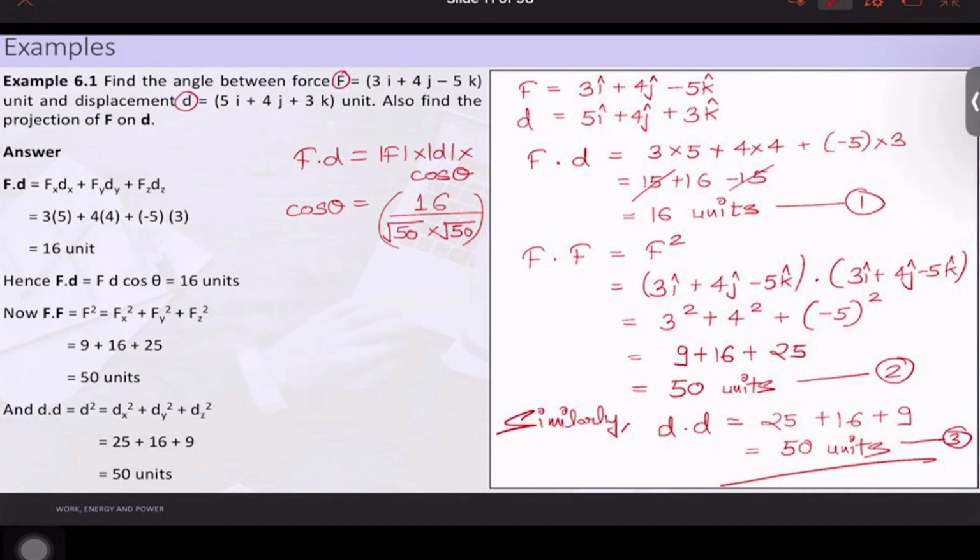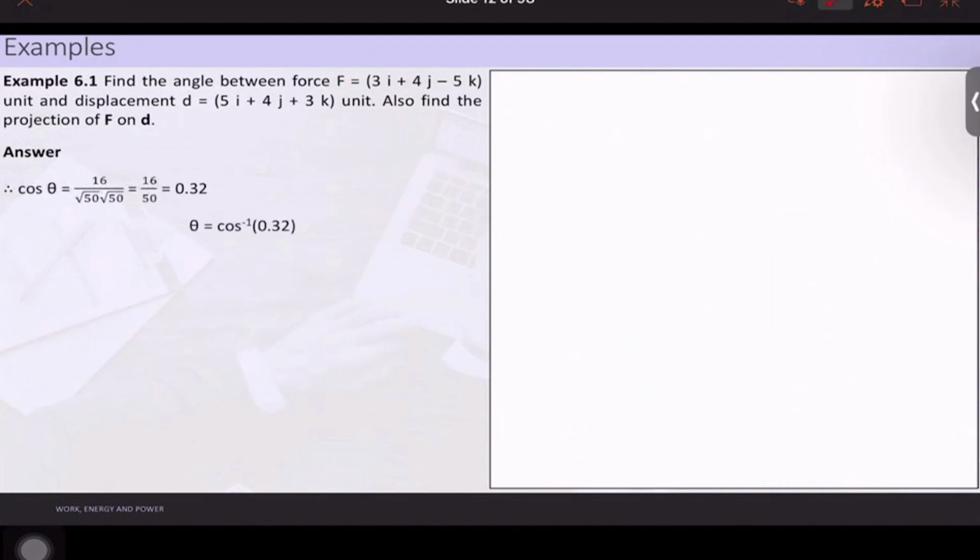I hope it is clear, because magnitude of F will be nothing but equal to under root of 50, since this is the square of it, and similarly the magnitude of D will be nothing but again under root of 50. Therefore cos theta will be 16 upon under root 50 into under root of 50. Okay, so that is what has been explained here.